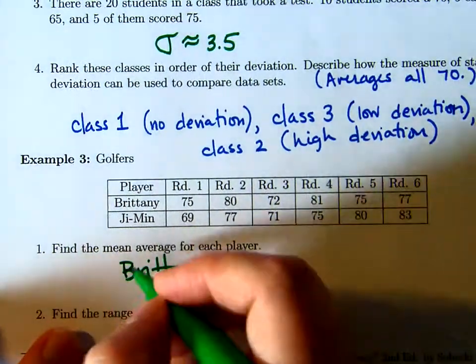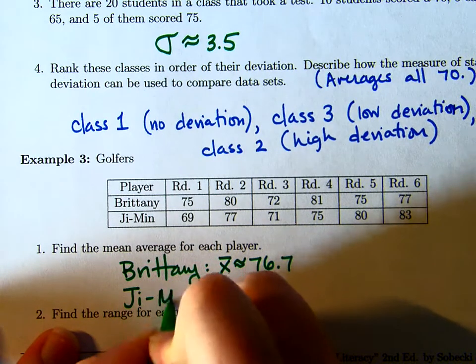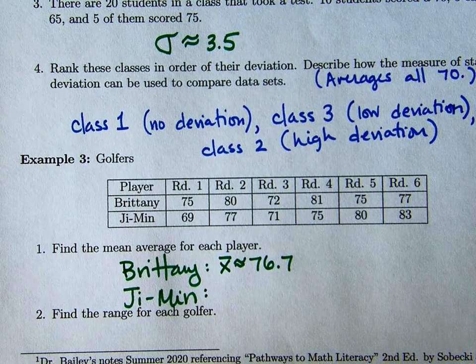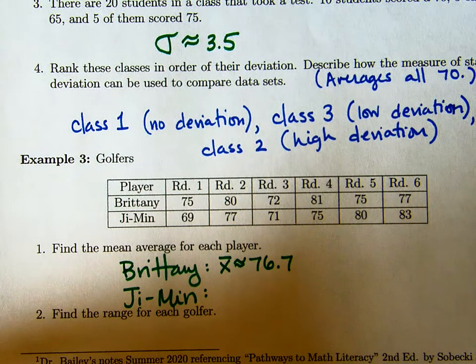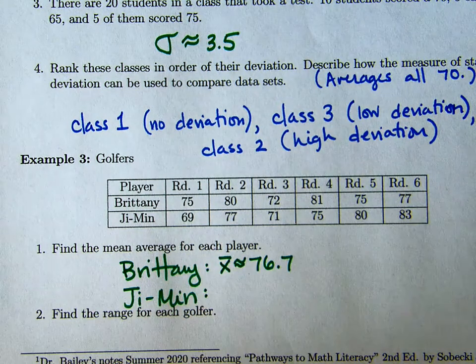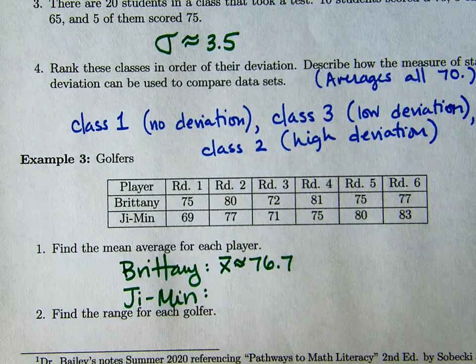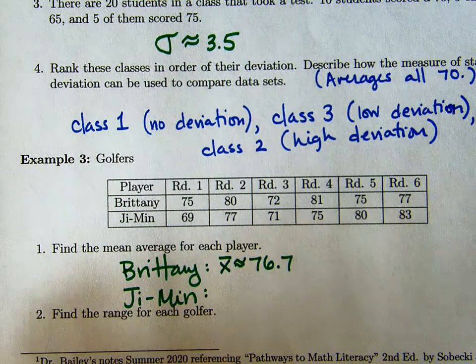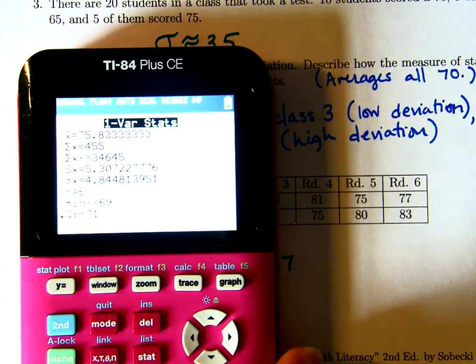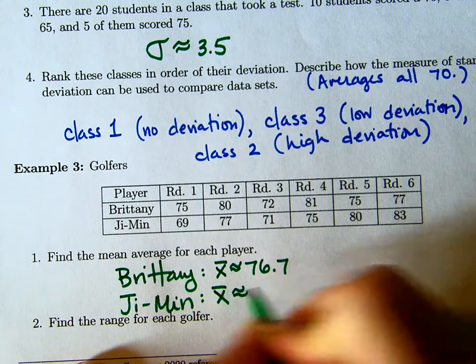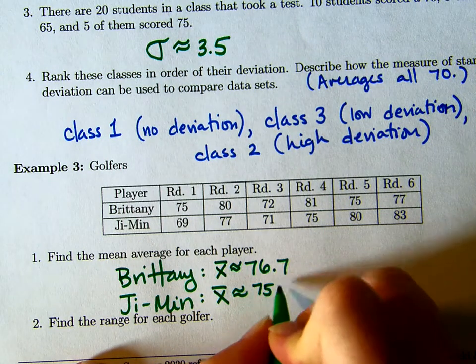And Jimin, her average, so I'm going to go stat, calc, one variable statistics, L5, and I did the same thing. For hers, I got 75.8. So on average, she scores about a 75.8.